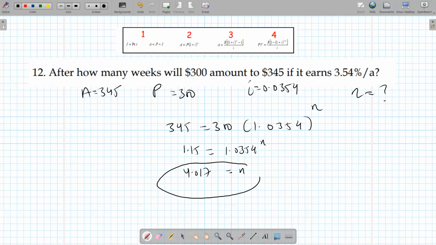Is that the number of weeks? No, that's n. What does n mean? That's the number of years. Okay, how do we convert this into weeks? How many weeks are there in 4.017 years?